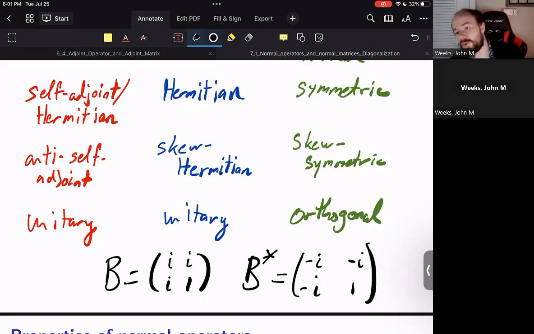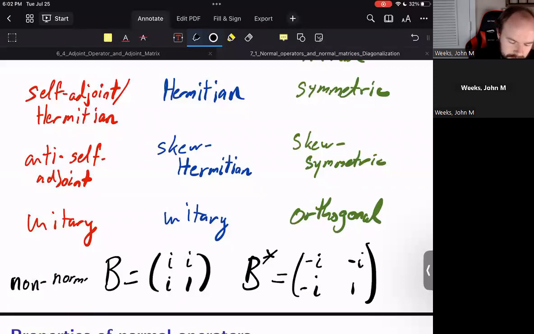And indeed, if I went through and tried to multiply B star, B adjoint, times B, I would notice that these two things do not equal each other whenever I try and multiply them back and forth. So there are examples of non-normal matrices. So this is an example of one of those.